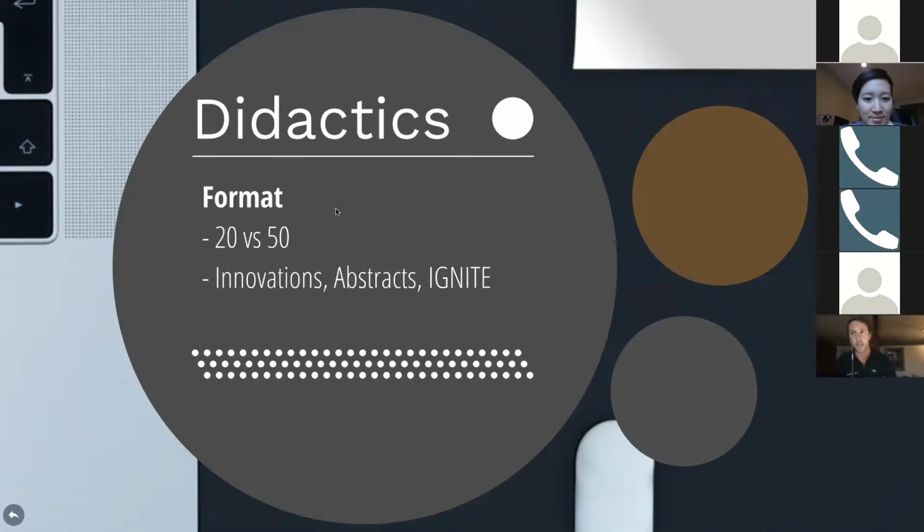Abstracts, which is everything from posters all the way up to the plenaries, and oral abstracts in between. And then Ignite, which Jean led for several years, which is your lightning format of auto-advancing slides in 7 minutes. It's high pressure, but really good for the junior performer and presenter who wants to get out there and trial their presentation style in a national meeting.